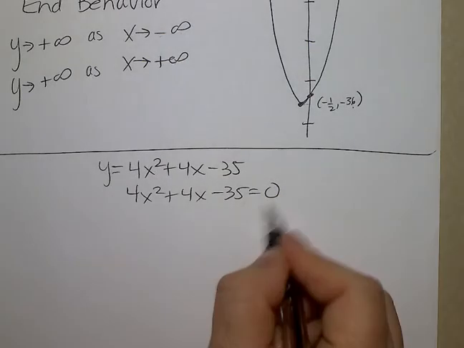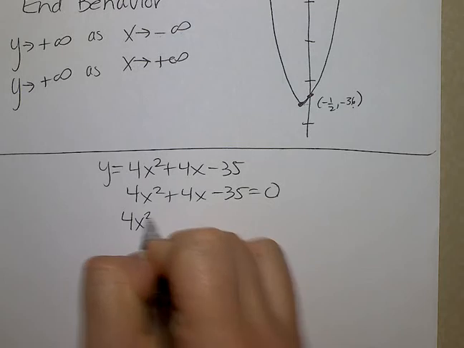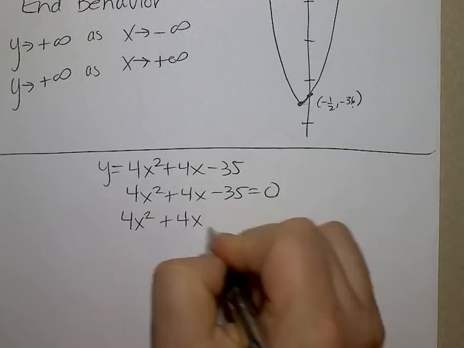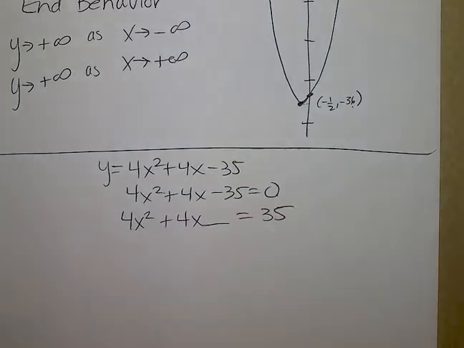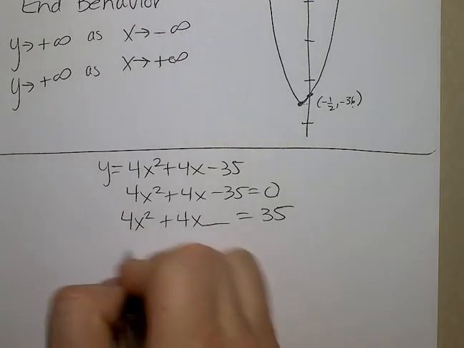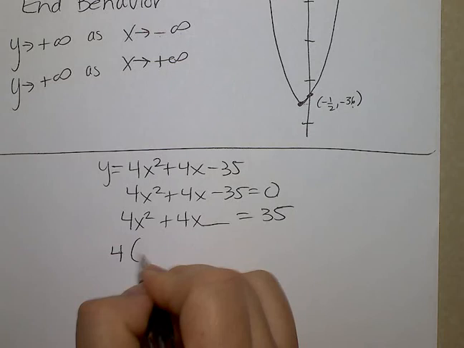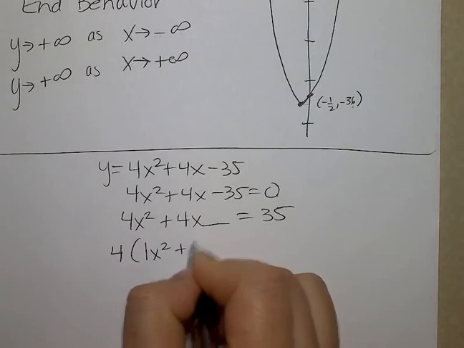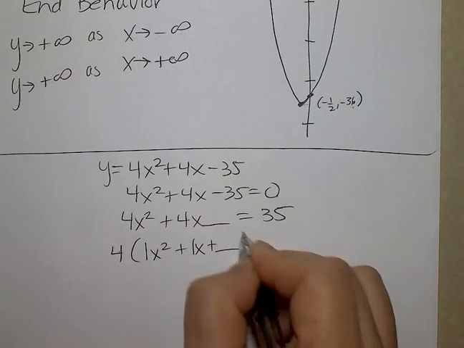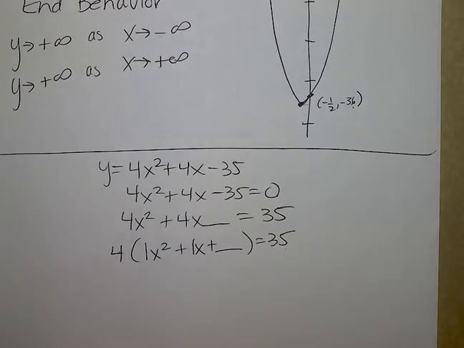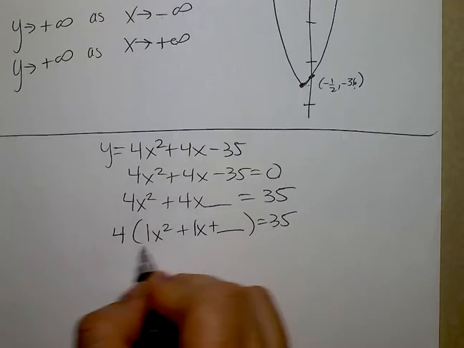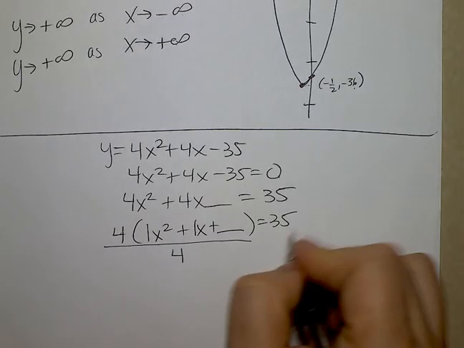Move 35 to the opposite side. Factor out a 4. 4 divided by 4 is 1. 4 divided by 4 is 1. Divide both the left and the right by 4.